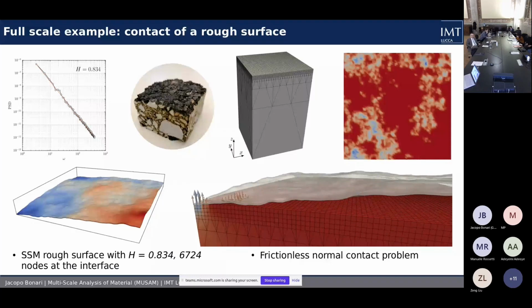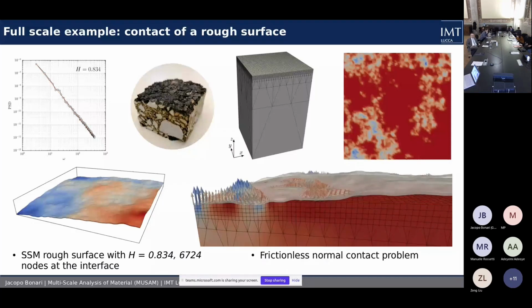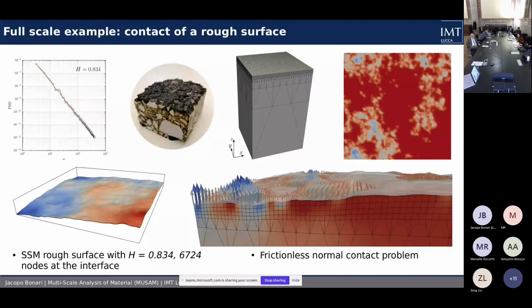It has similar properties to an asphalt sample, which could be used, for example, in a contact context for the analysis of the friction coefficient between tire and asphalt.